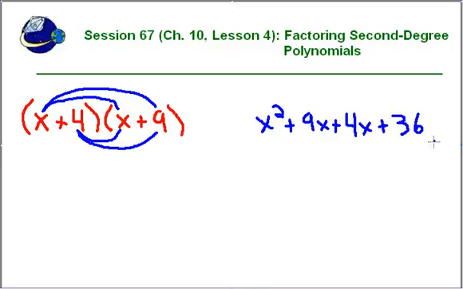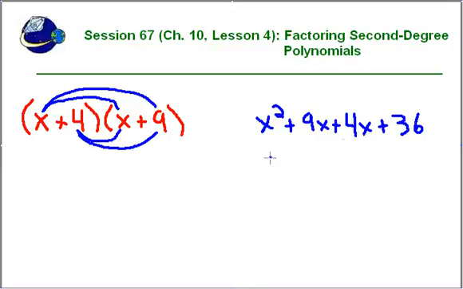Just 1 term. How many terms have just a constant all by itself with no variable as part of it? We have 1 here, that's our 36. But we have 2 different terms that have an x to the first in it. We have a 9x here and a 4x here.